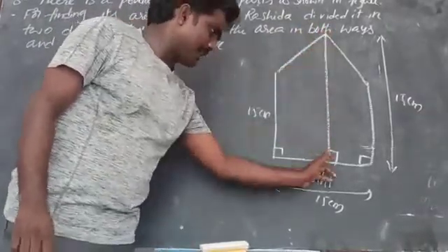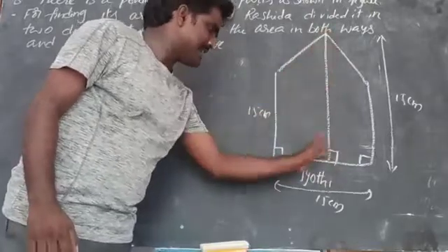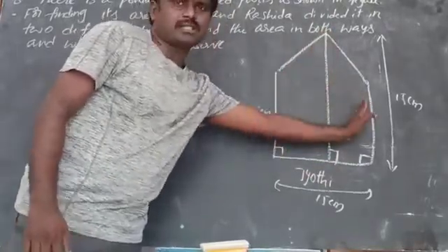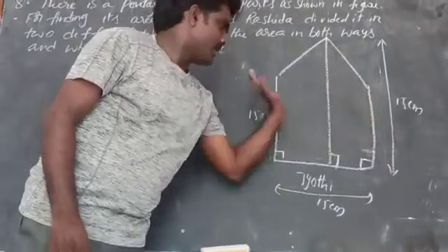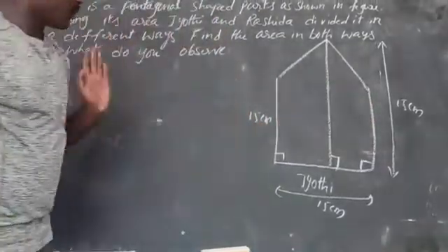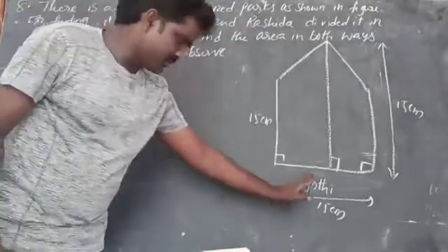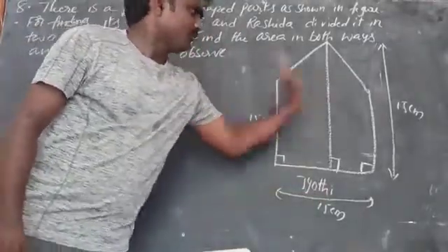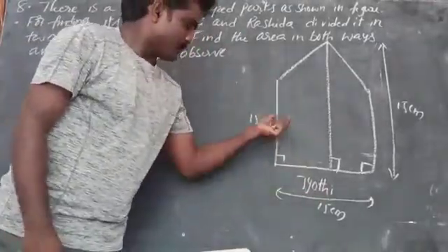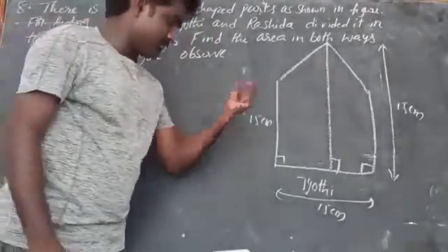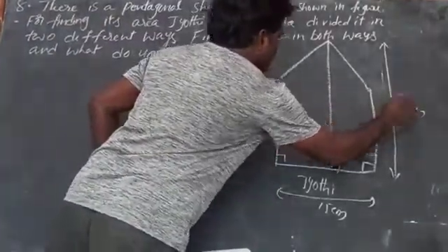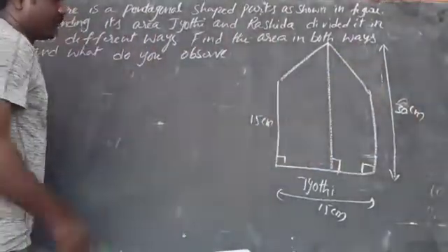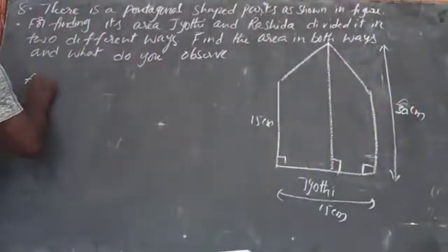When you construct this line, it divides the figure into two equal parts. The two parts are in the shape of a trapezium. So in Jyoti's process, we find the area of two trapeziums.